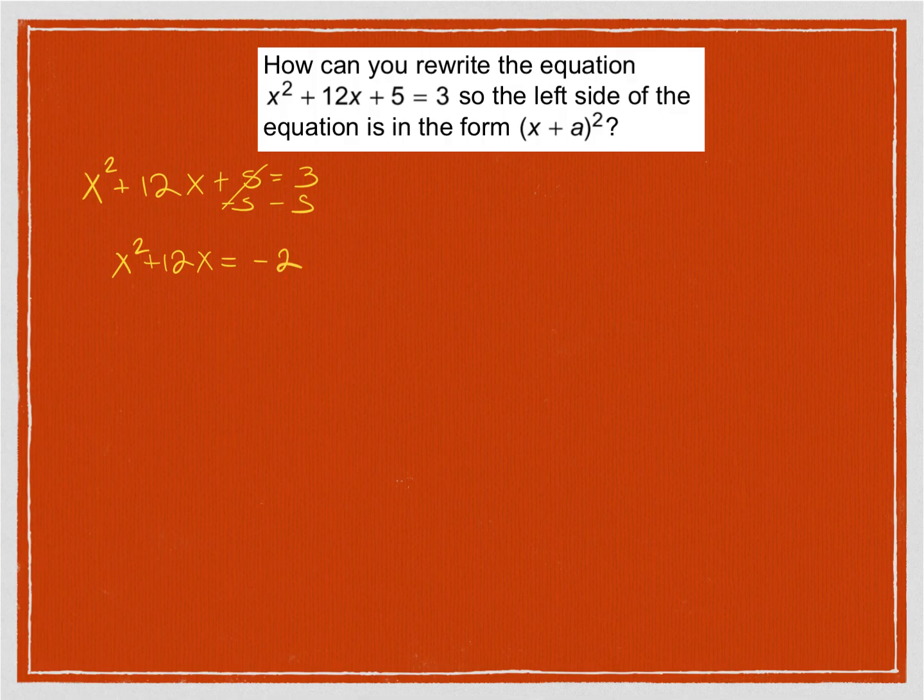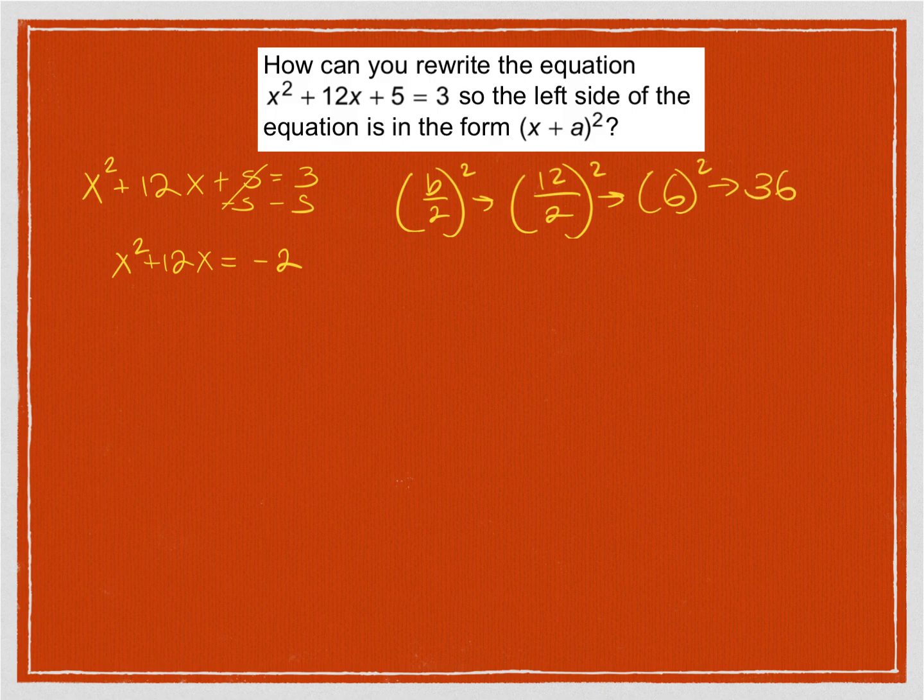Now, our a is 1, so we can keep going. I'm going to go ahead and find our b over 2 squared. That is 12 over 2 squared. That is 6 squared, which is 36. So I'm going to add 36 on both sides, and we're left with x squared plus 12x plus 36 is equal to negative 2 plus 36.